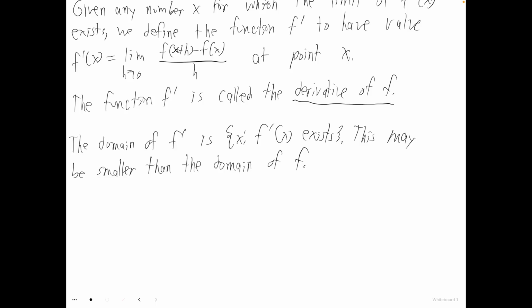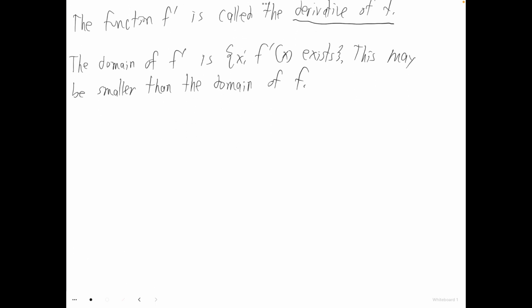So when we take the derivative of a function, we may get a smaller domain. We're never going to get a larger domain because f of x has to exist for this limit to exist, but you may get a smaller domain from doing this. So let's look at some examples of actually computing this function.